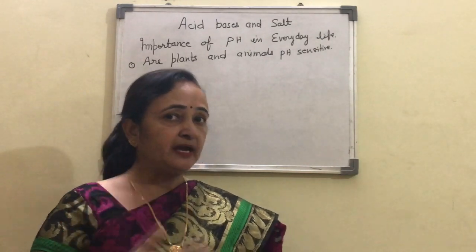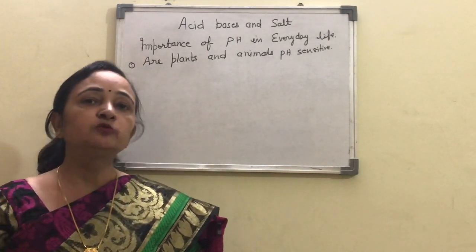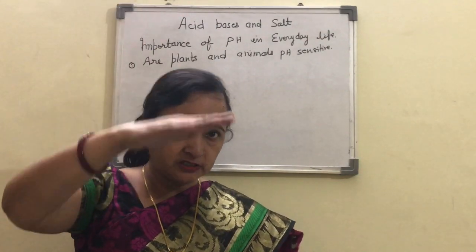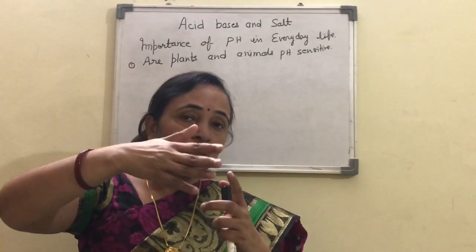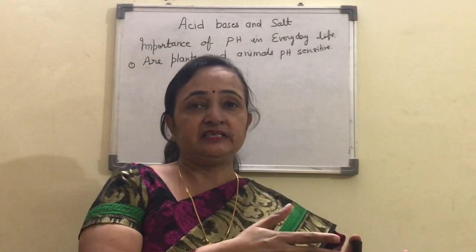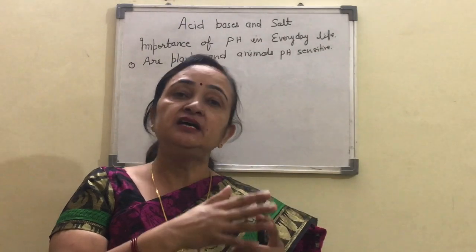Sometimes you have heard about acid rain. When the rainwater falls down, and if the pH of rainwater becomes less than 5.6, then it is known as acid rain.